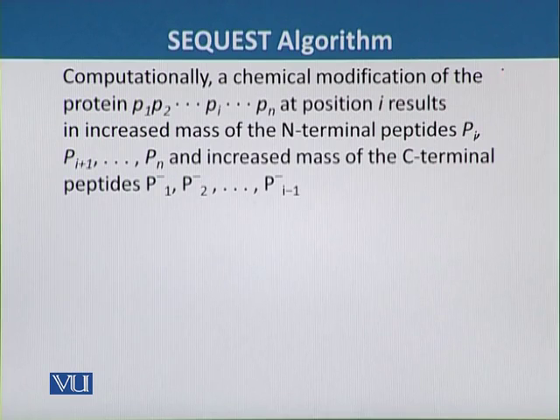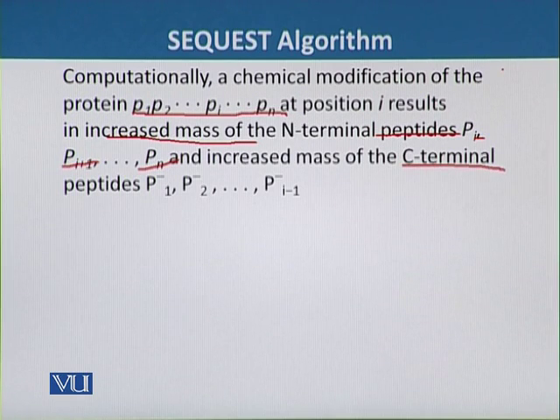So computationally, a chemical modification of a protein, that is P1, P2 up to Pn, at position i, results in increased mass of the N-terminal peptides, that is Pi+1 up to Pn, and increased mass of the C-terminal peptides.